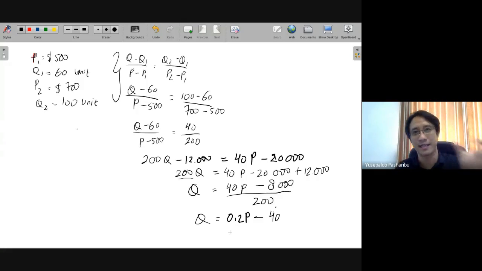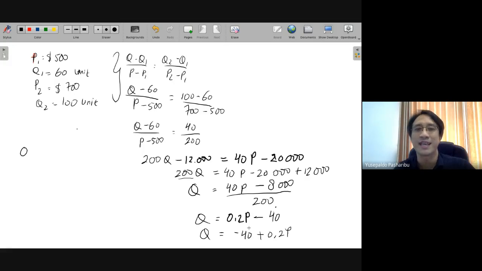You can leave it like this, or you can also make it the common form, the same as the supply function of a linear equation: plus A plus BP.